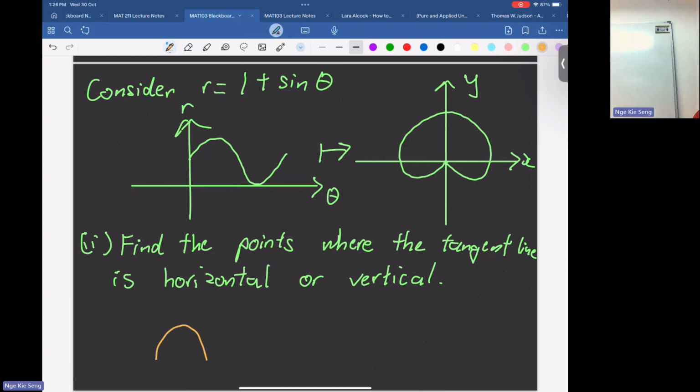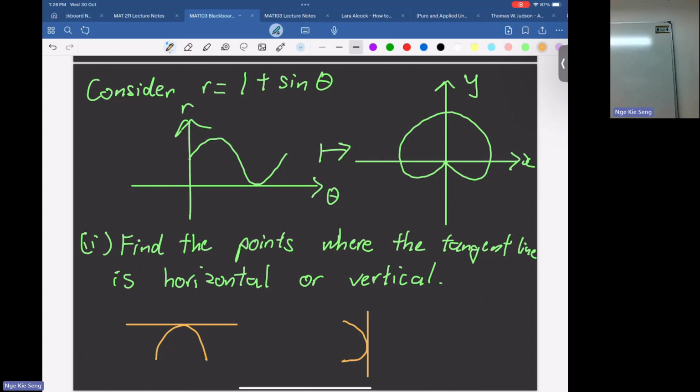Okay, so what does it mean by tangent line is horizontal? So you have a curve like this. Your tangent line is horizontal. And then how about vertical tangent line? Maybe you have a curve that looks like this, and then you have a vertical tangent line. Okay, how to characterize these horizontal line and vertical line here? What happened to horizontal line? You see that the y doesn't change.